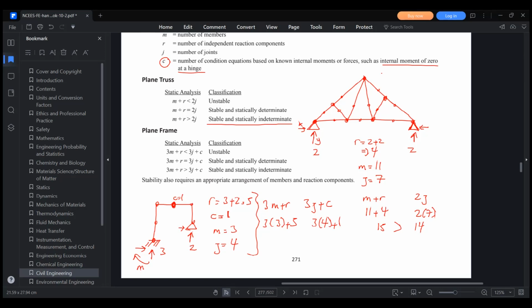Is it 14 versus 13? So it is more. That means again this frame is stable and statically indeterminate. If you want to change again, make this fixed support, for example, a pin, that will be stable and statically determinate. Again, just changing and playing with the numbers, you will see it's going to work for all types of questions.